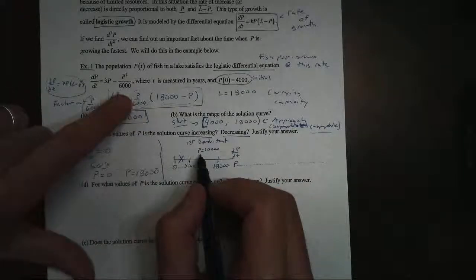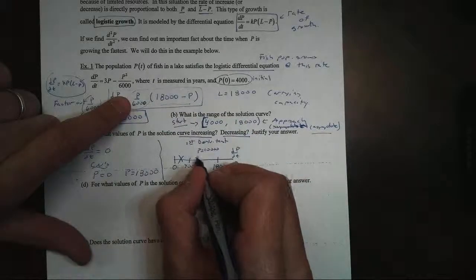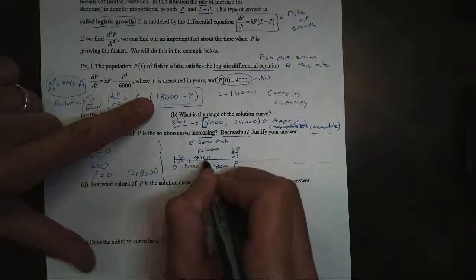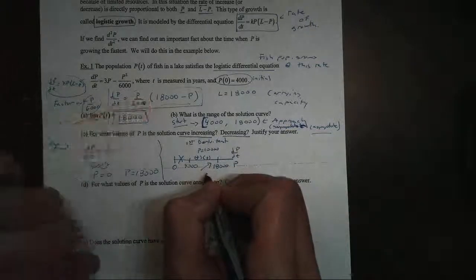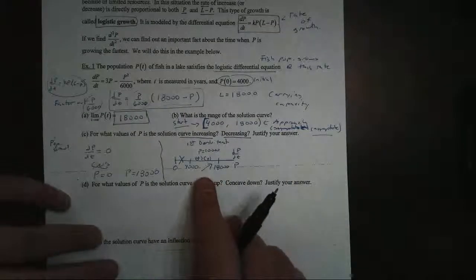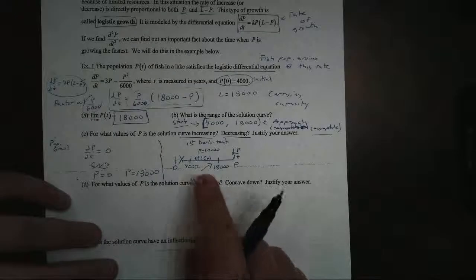If I plug 10,000 into the P over here, that's positive. And if I pick 10,000 here, that's also positive. So that's telling me that the slope is positive. So take a look. The slope is never decreasing, which means the population of fish never decreases, never goes down.